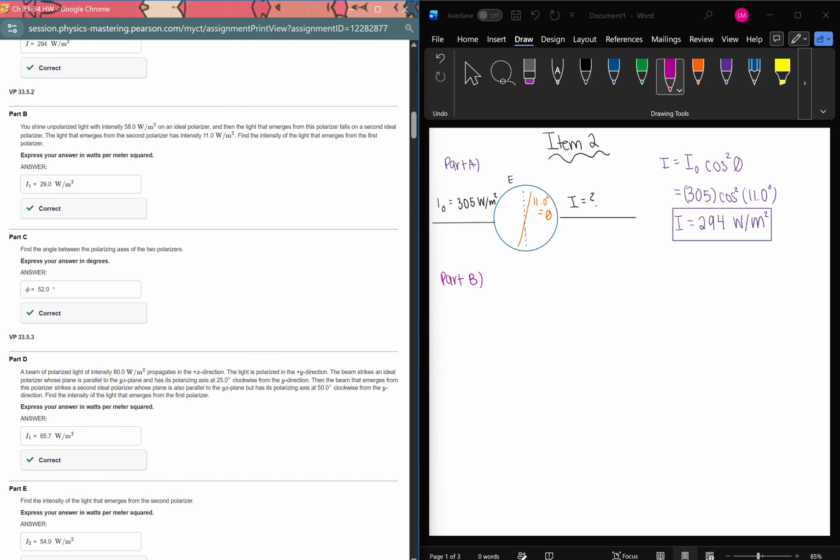Okay, so I'm going to go ahead and make two ideal polarizers.